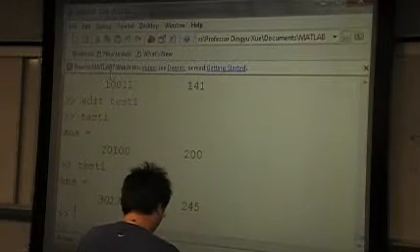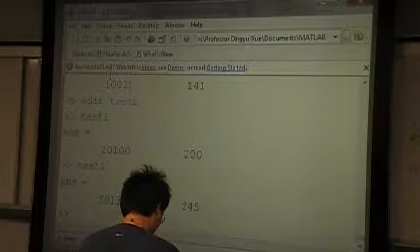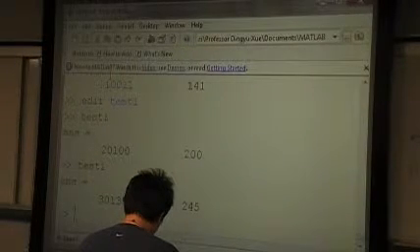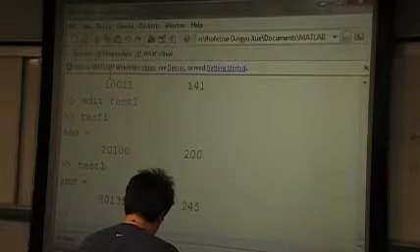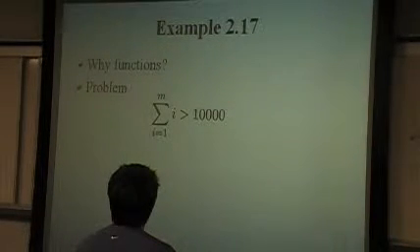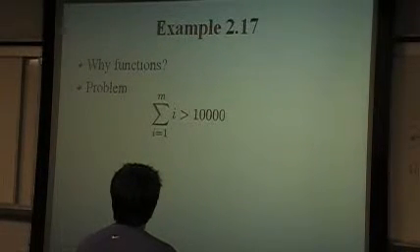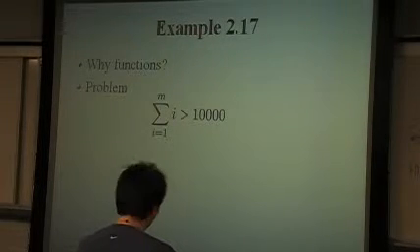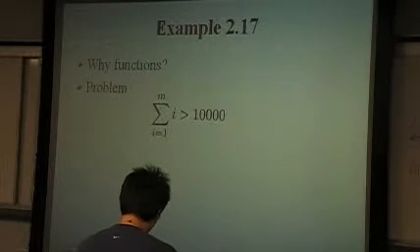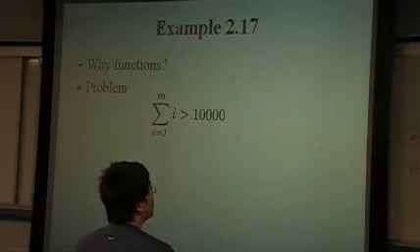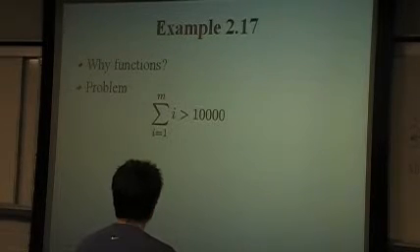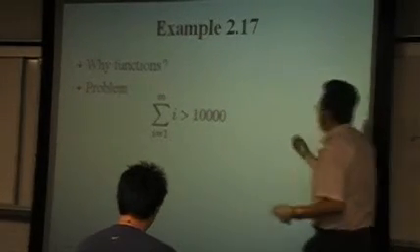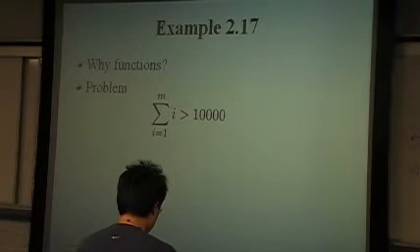You can tell the program what is required in the inequality, and then what you expect is to get M and N. So in this case, you do not have to change the program again. What you need to do is make an interface with the user to get the expected number, to tell the program what it is, and then immediately get the result. So this is what a function does.